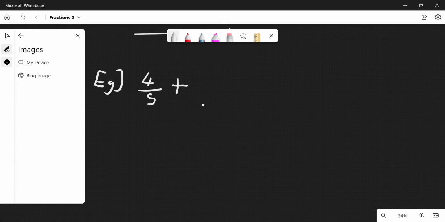So we have 4 over 5 plus 7 over 9, minus, so we have a plus and a minus in the same sum. Let's go with 8 over 9, all right? So don't be confused here. You need to just stay calm and realize that I've got a plus sign here and a negative sign. I've got fractions, so I'm just adding and subtracting fractions here. So immediately I look at my denominators.